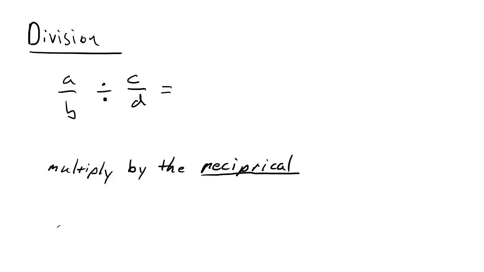The reciprocal of A over B is B over A. This is because we define the reciprocal of a number as the number that when you multiply it by its original number, you get 1.